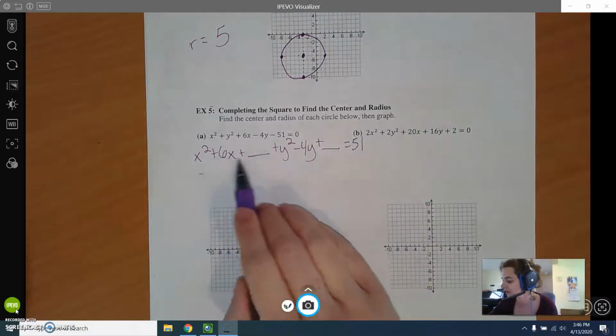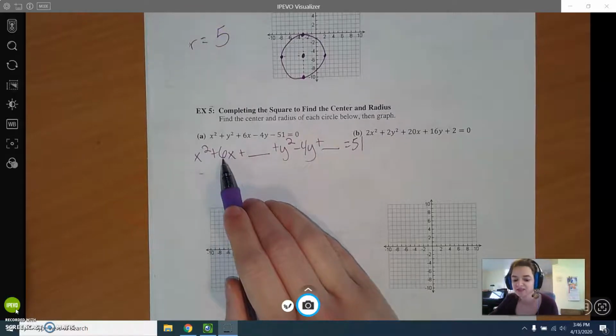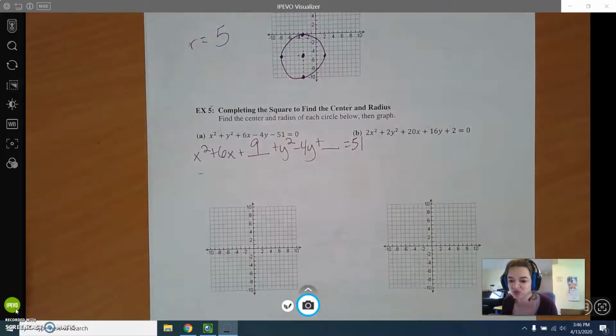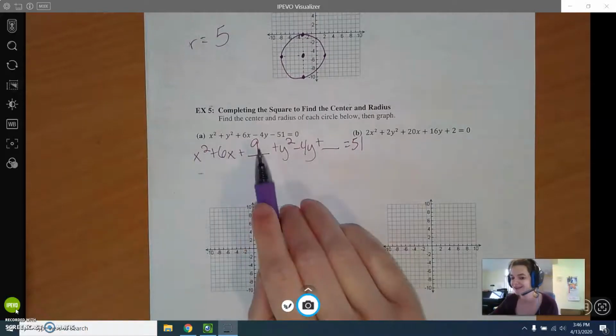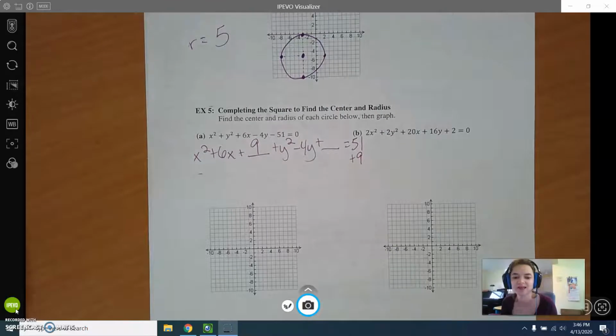So completing the square for the x's, my middle term is a 6x. So I'm going to focus on the 6. Half of 6 is 3, and 3 squared is 9. So that's what I'm going to add to complete the square. And if I'm going to add 9 on the left side, I should definitely add 9 on the right side to balance things out.